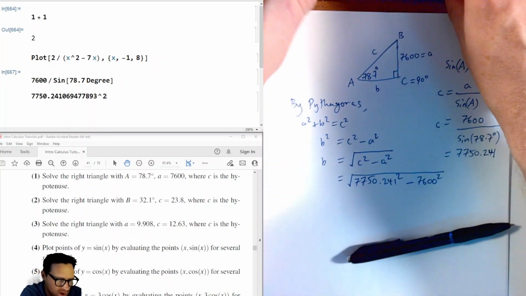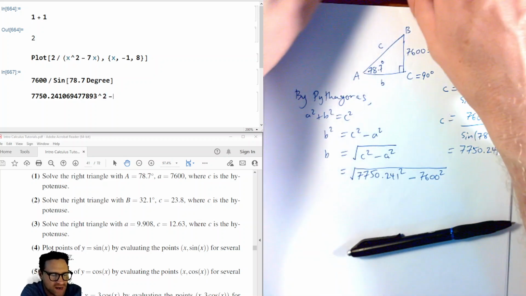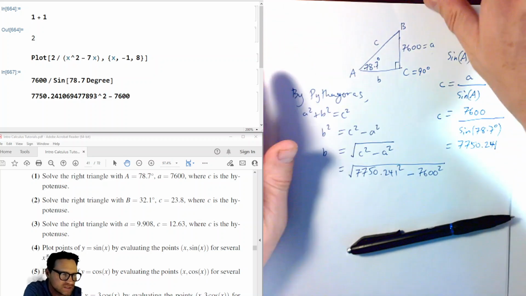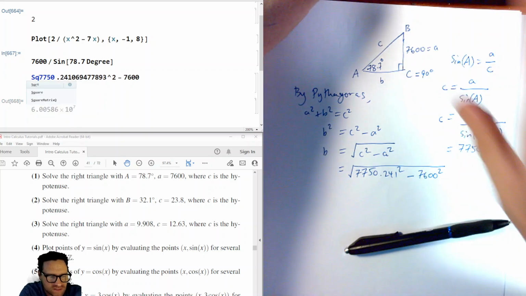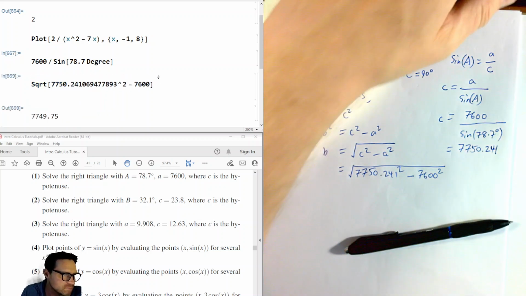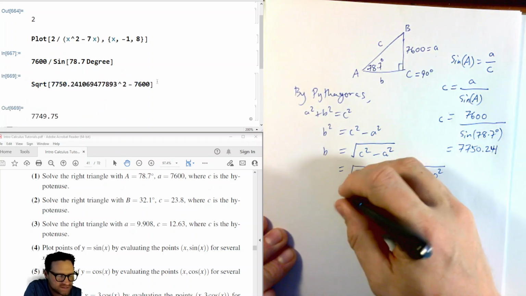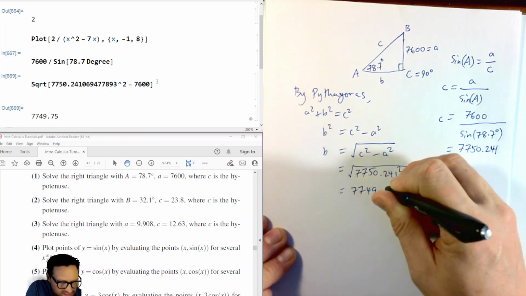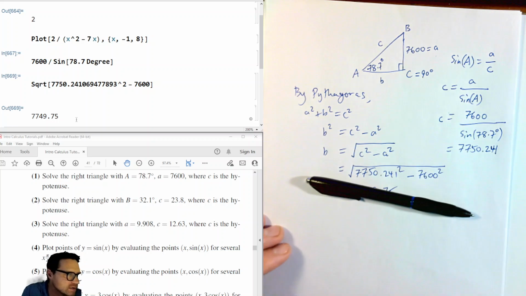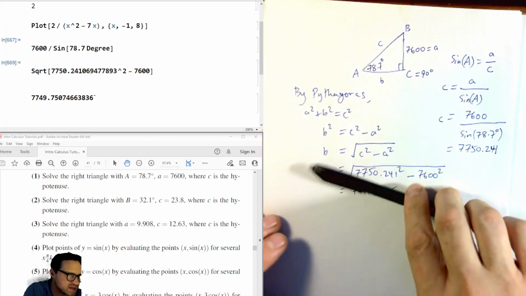And so let's calculate again. Okay, so I'm going to square that number, subtract 7600 squared. Let's see what we have. Okay, then I'll take square roots. And we get 7749.75. Let's get another decimal place on that.